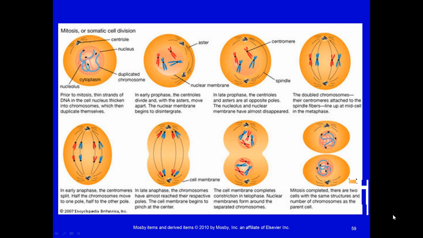Now, glycolysis is an anaerobic process. It's a process that occurs without oxygen. Glucose moves into the cell. There's an attachment of 2 phosphate molecules as well. And then through a series of complex steps, glucose is broken down into energy and pyruvic acid.